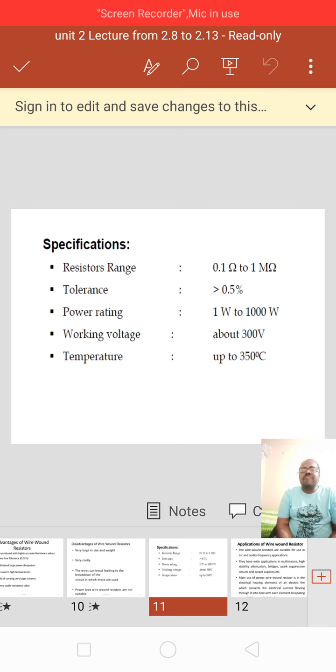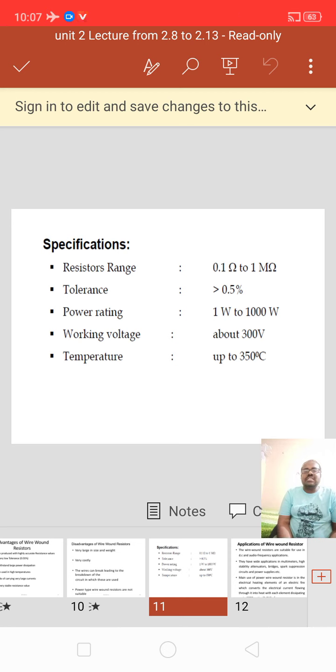It can withstand high voltage also. Working voltage is about 300 volts. Power rating is also very high, from 1 watt to 1000 watts. The resistance range is from 0.1 ohm to 1 mega ohm, a very wide range.